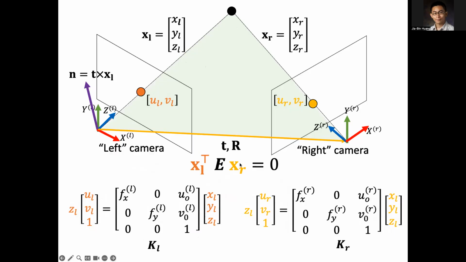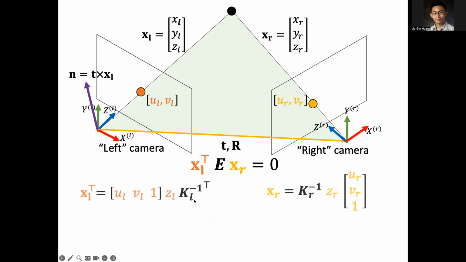And the same thing for XR. Basically, just take the inverse of the intrinsic. You have something like this: UL, VL, 1 times ZL and this guy and this guy.